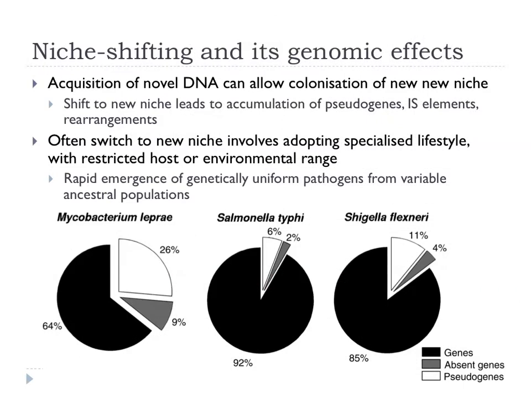Another interesting thing we see when we look at genome evolution in pathogens and in bacteria in general is what happens when a bacterial lineage shifts from one niche to another.